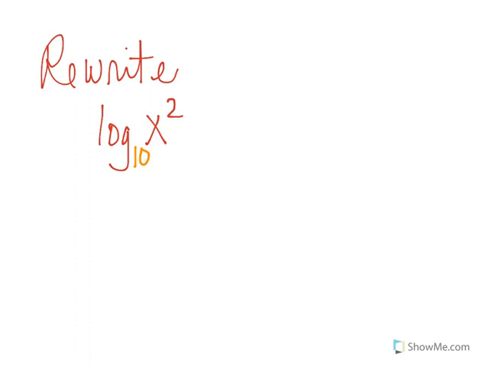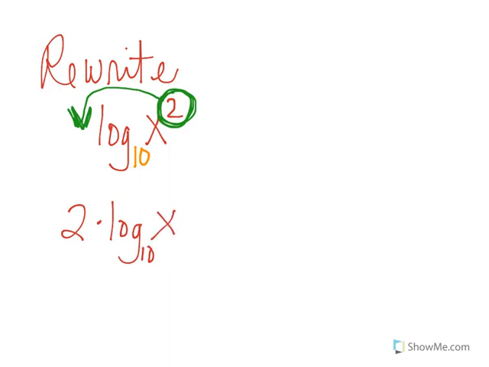And the power property says that this exponent right here really was a coefficient. So another way I can rewrite this problem is 2 times log base 10 of x, right? So it works both ways.